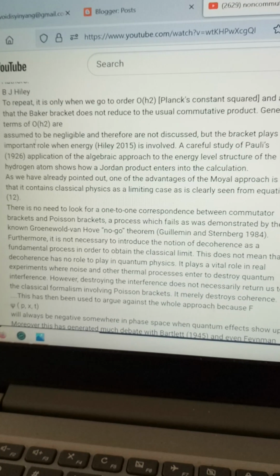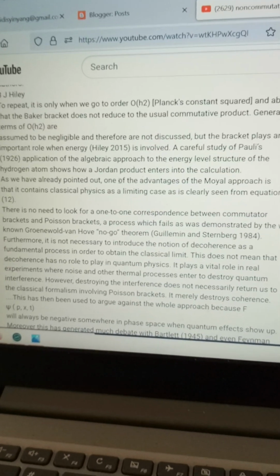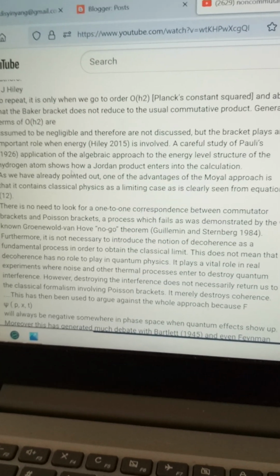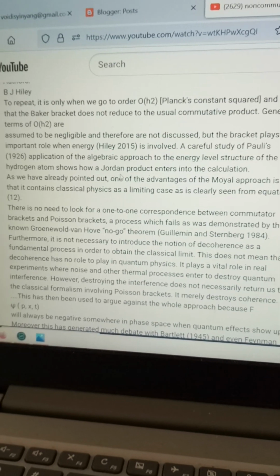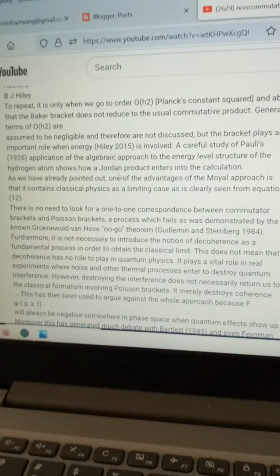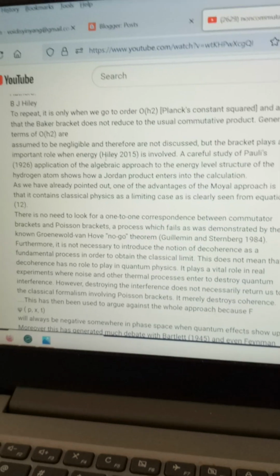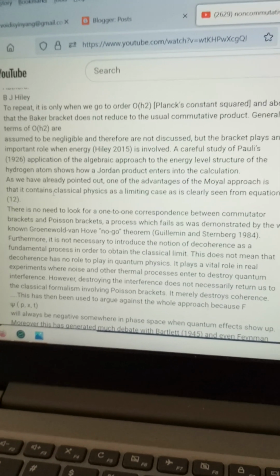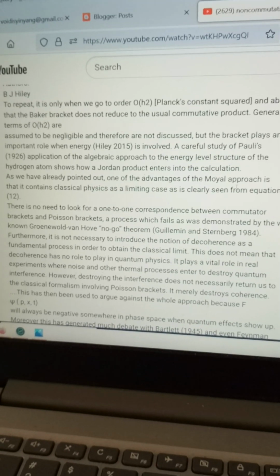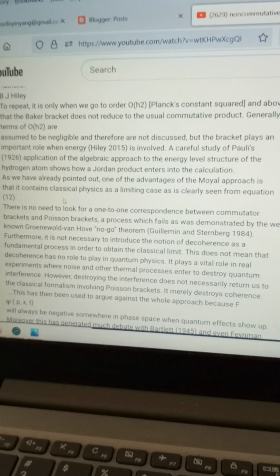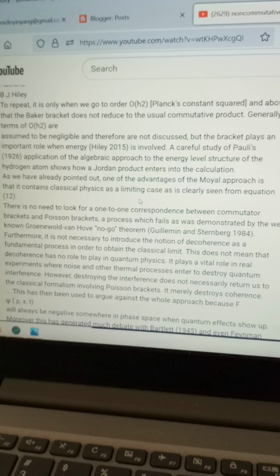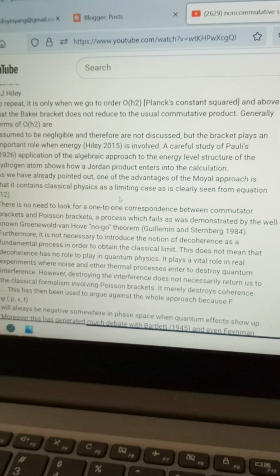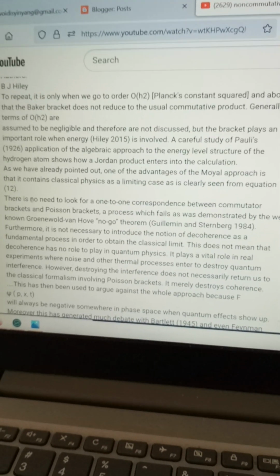A careful study of Pauli's application of the algebraic approach shows how a Jordan product enters into the calculation, which is the same as the Baker bracket. As we have already discussed, one of the advantages of the Moyal approach is that it contains classical physics as a limiting case, as is clearly seen from the equation.